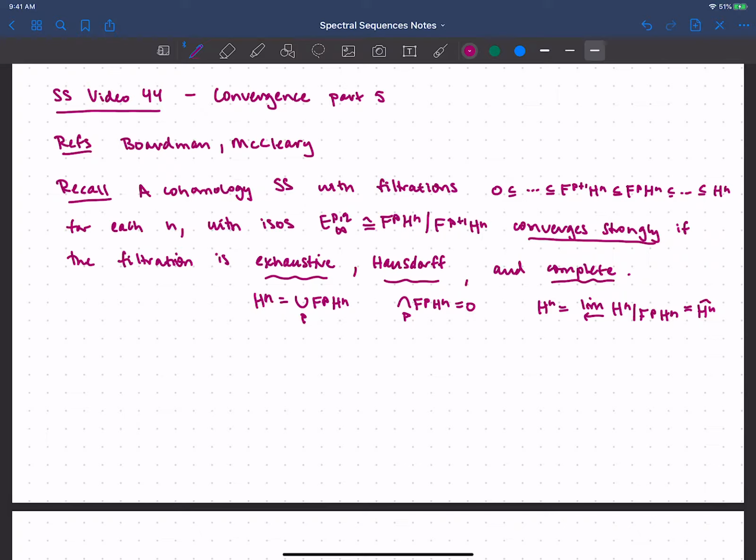And the whole point of this converging strongly, why do we say strongly? Well, the upshot here was that means that we can recover H^n just by solving extension problems.